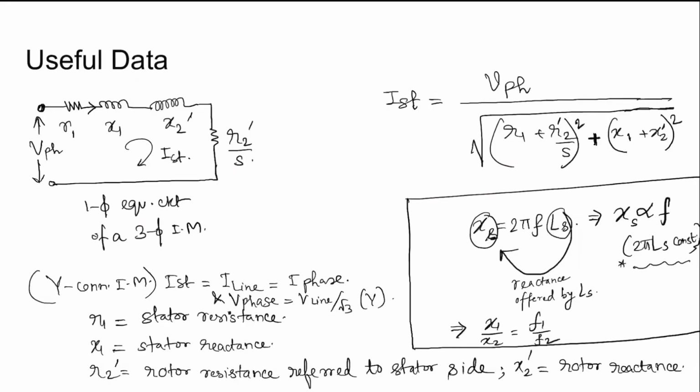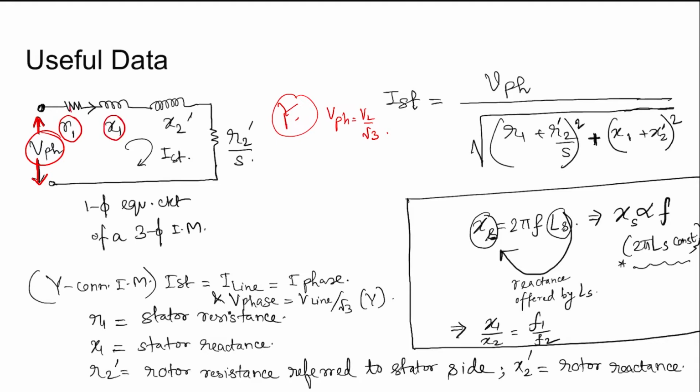Coming to the useful data, this is the single phase equivalent circuit diagram of a 3 phase induction motor, where V phase is the voltage impressed on the stator. For a star connected induction motor, V phase is V line by root 3. These R1, X1, R2, X2 are all per phase parameters.